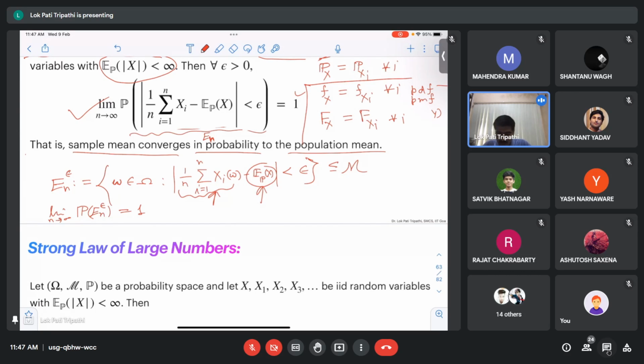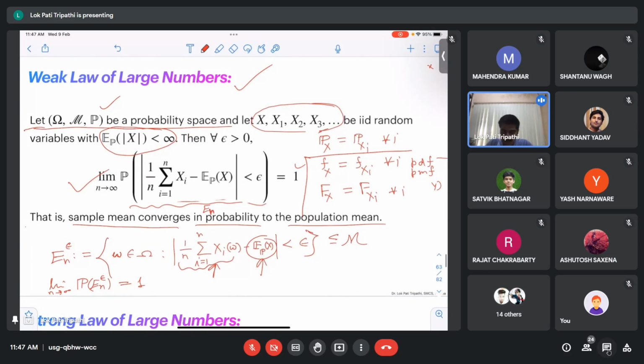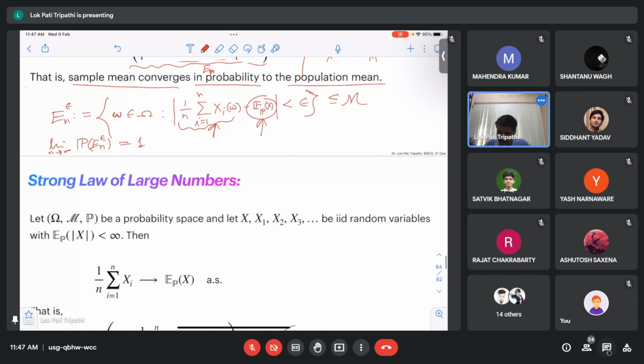The best thing is that if you look at the assumptions, the only assumption is that the population mean is finite. There is no additional assumption in both the statements. Of course, one more assumption is that these random variables are IID, but this is important.